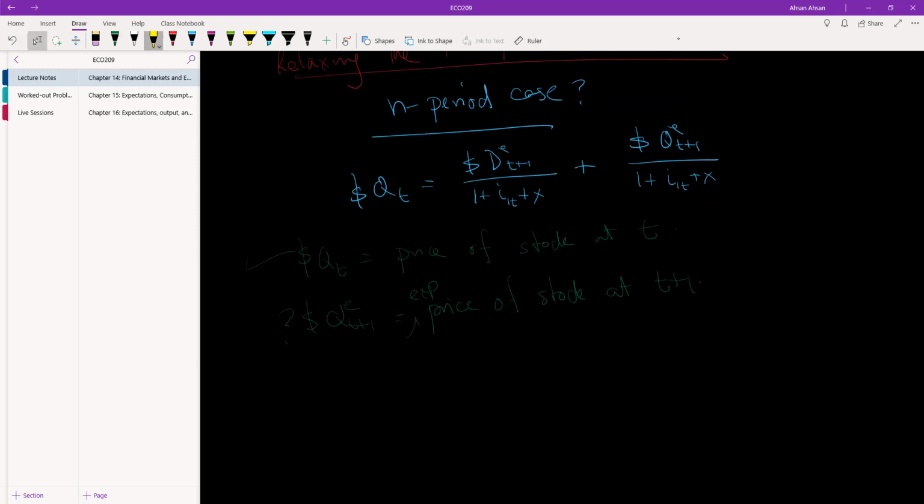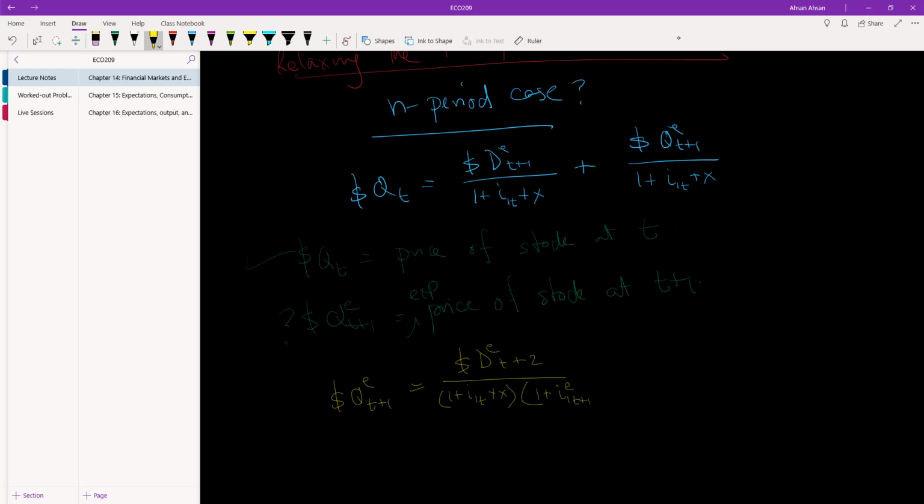Well, let's calculate that. Qt plus 1 expected will be equal to the expected dividend in period t plus 2, divided by, for 1 year it's going to face this interest, and in the next year it's going to face expected I t plus 1.